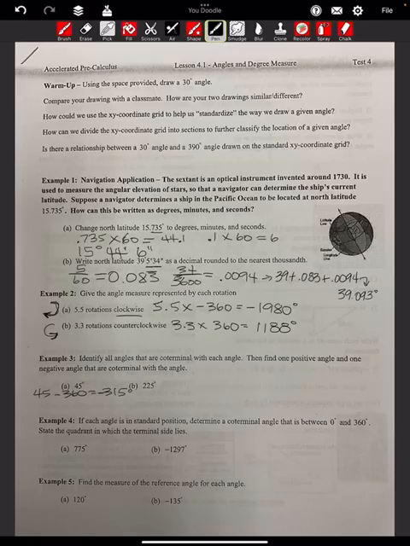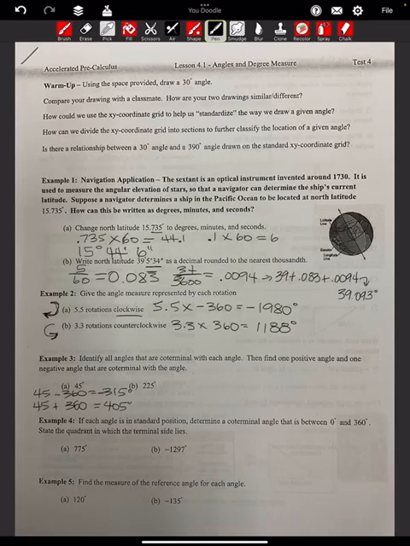So if clockwise was negative, that means that counterclockwise has to be positive. So we're going to do 3.3 times positive 360. I'm going to wind up with 1,188 degrees. I'm sorry, I forgot to put degrees here. So remember that counterclockwise is always going to be positive. Clockwise is always going to be negative.